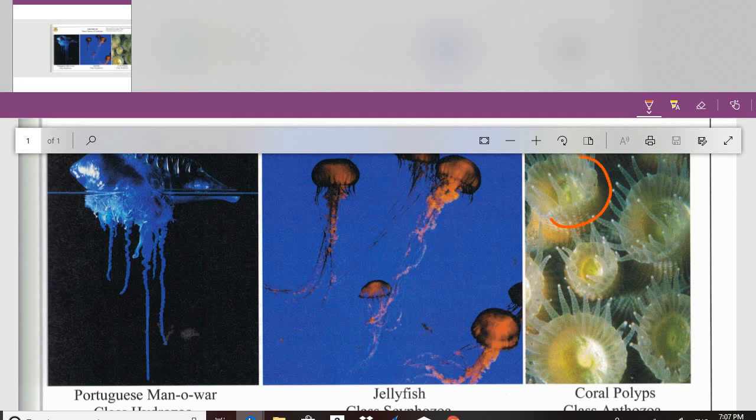You can see these are the polyp phase, and the medusa stage, the medusa with the tentacles hanging down, that's an example of the jellyfish. And then this is the Portuguese man of war. I'll say a few things about each of those in just a moment, but I just wanted to at least let you look at some of those organisms.